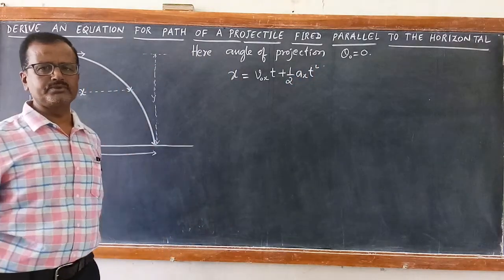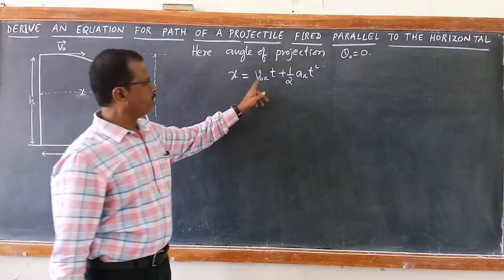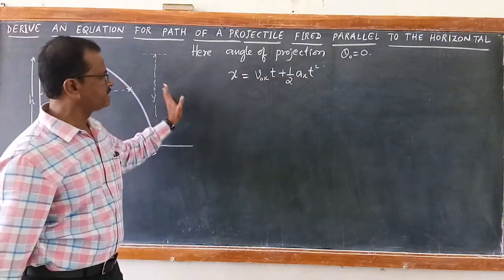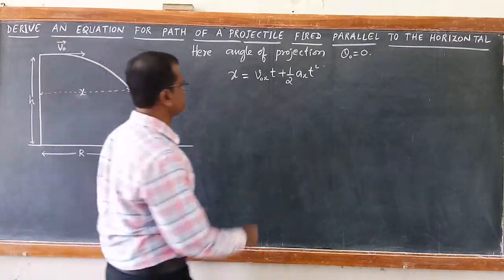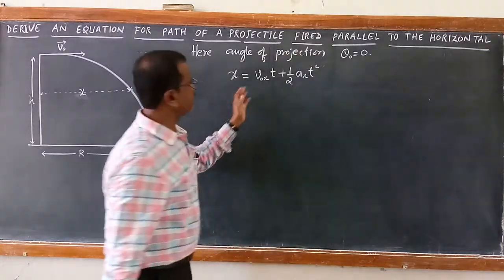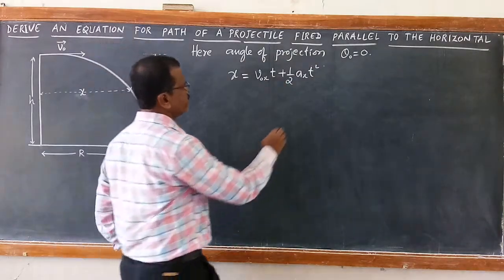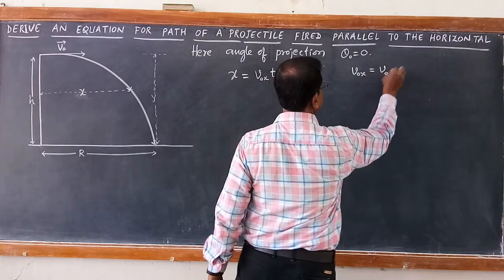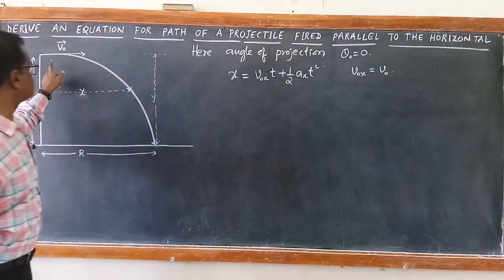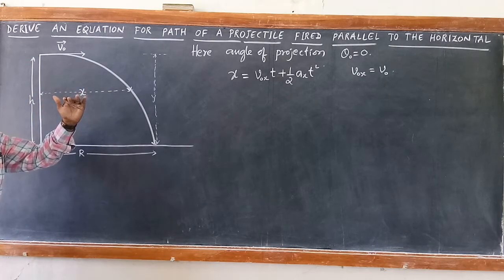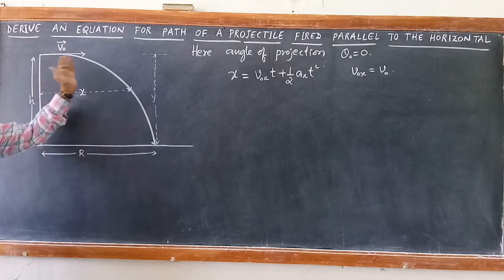Same equation we are going to use, where x is the distance covered, the displacement at any time t. So here V0 x is equal to V naught itself, where V naught is the initial velocity with which it is thrown parallel to the ground. It is thrown along the horizontal.